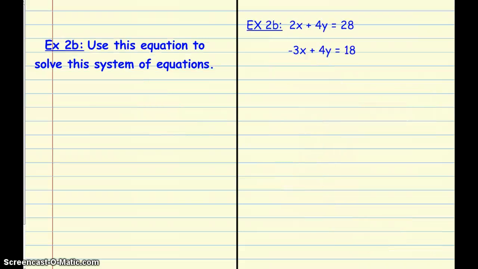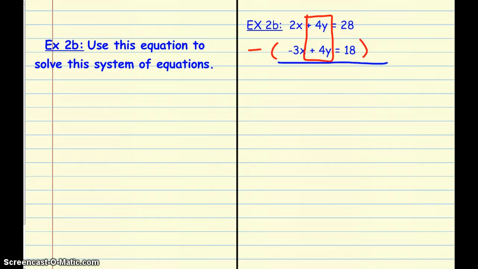We have 2x plus 4y equals 28, and we have negative 3x plus 4y equals 18. So what do we see in these two equations? We see that they both have 4y, and they are the same, and when we're the same, we subtract to solve. And again, we do that because we want to eliminate one of the terms.